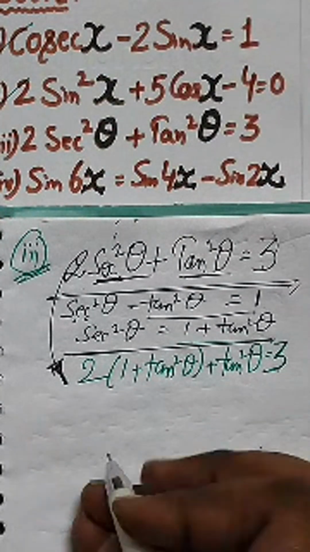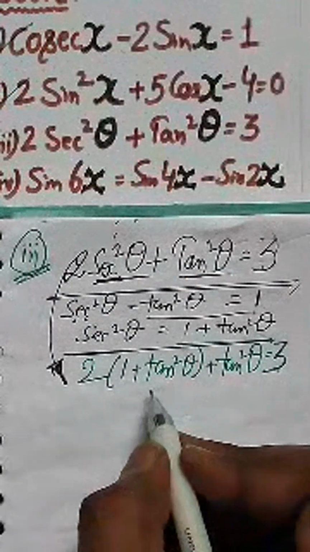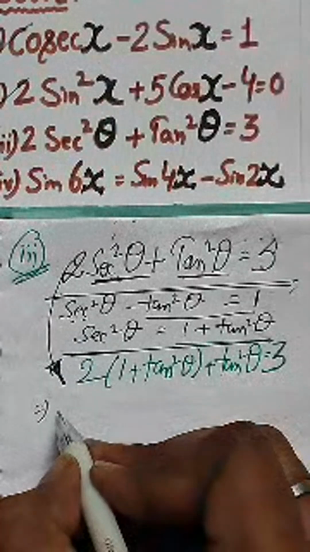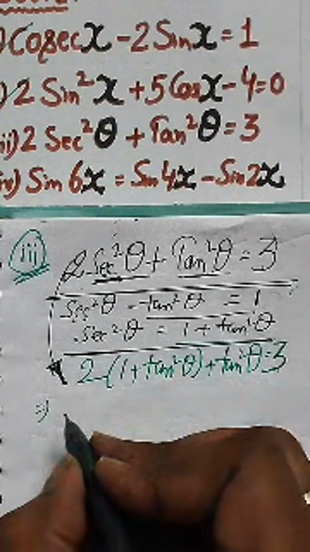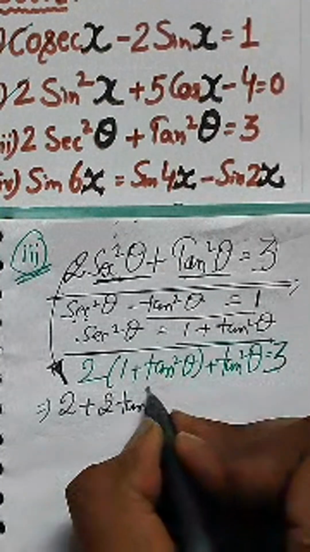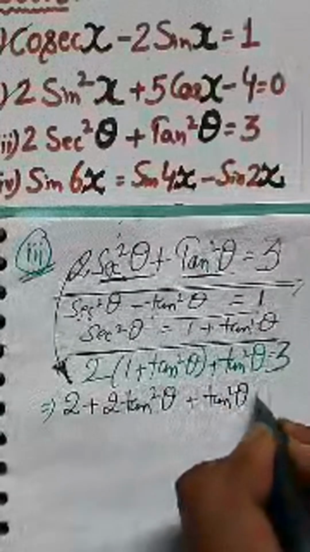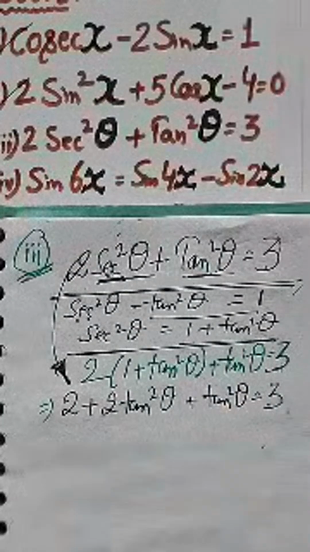Now here you can further simplify it. It will be 2 plus 2 tan square theta plus tan square theta is equal to 3.